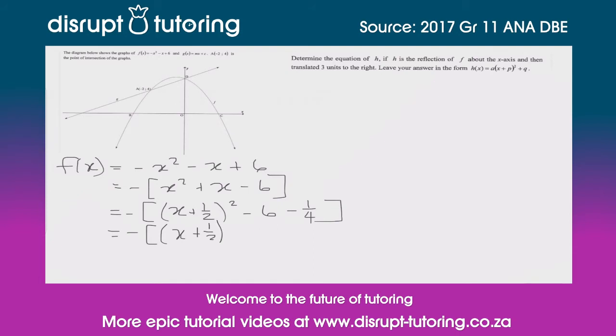The negative 6 minus a quarter is going to give me negative 25 over 4, and then we multiply our negative in, and that's going to give me negative (x plus a half) squared, and then this sign changes to plus 25 over 4. Right, so now we have got f of x in the form of its completed square.